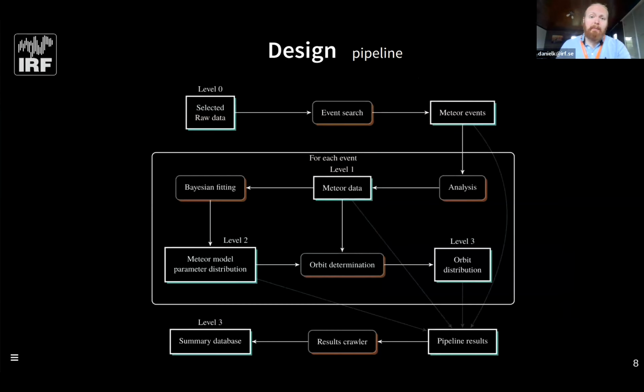So some of the design, how did we build this new analysis? To reduce the computational time, we have an event search algorithm, which just goes through all the raw data, flags whatever it finds as coherent echoes, and then categorizes them if it's a head echo or trail echo or something else that can't be identified.